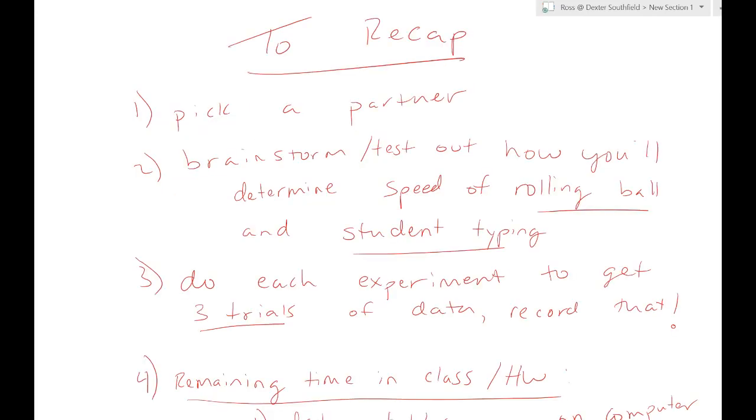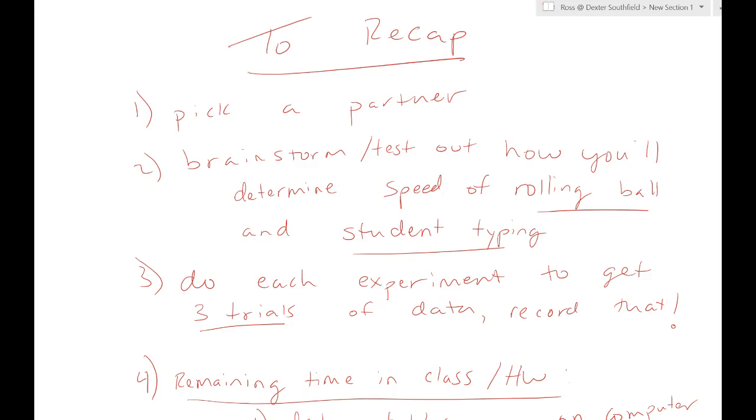So to recap what you'll be doing in the double period today, once you're done watching this video. First thing is pick a partner, and pick a good partner that you'll be able to work well with. The second thing is brainstorm and test out how you'll determine the speed of a rolling ball and of a student typing. So it's okay to brainstorm and think this out and test some different methods out before you decide on which one you'll use.